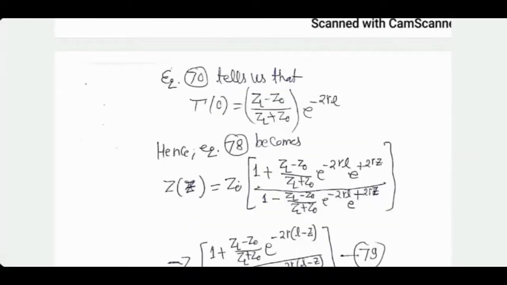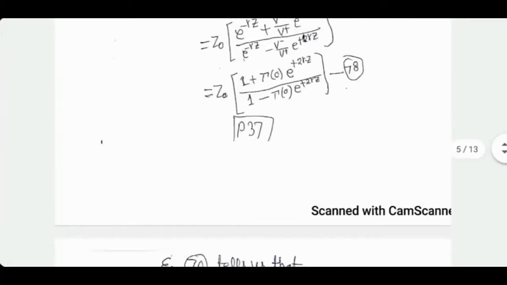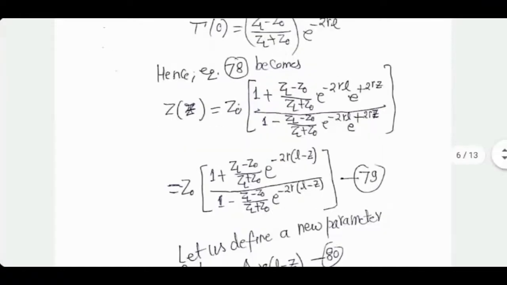And tau 0 is given here. So 1 plus (ZL minus Z0) upon (ZL plus Z0) e to the power minus 2 gamma L. That much is tau 0, then e to the power 2 gamma z, right? And then 1 minus the same thing. Now I combine all the e terms together. So I get equation 79.